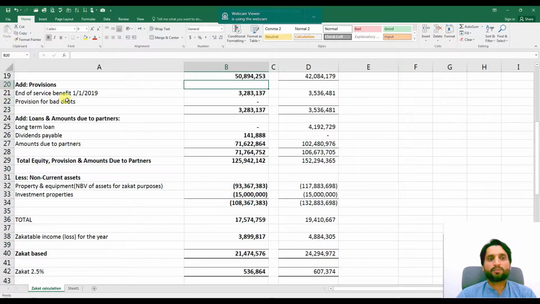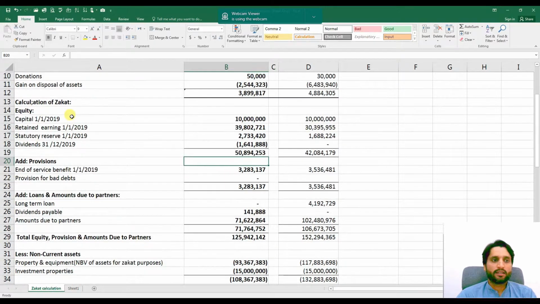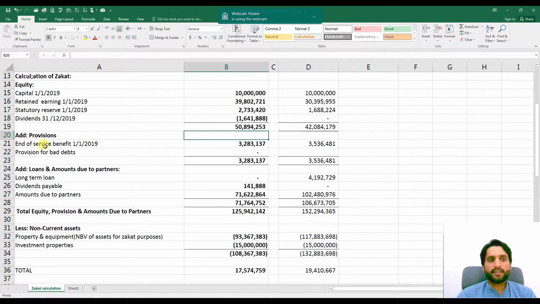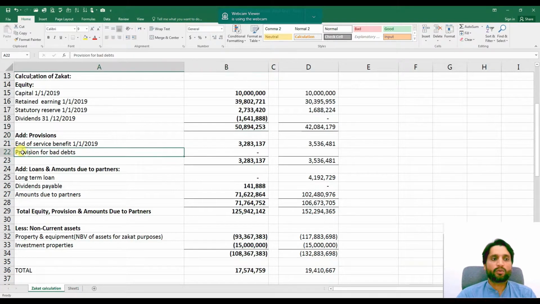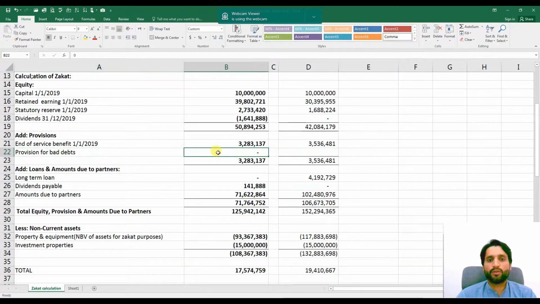Next we need to add provisions. Provisions, end of service benefits on 1st January 2019. How much was the provision? And provision for the bad debts or doubtful debts, we need to mention here the value if there is any. Next, add loans and amounts due to partners. Long-term loan should be valued here.